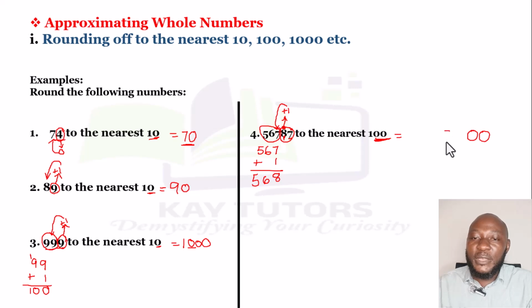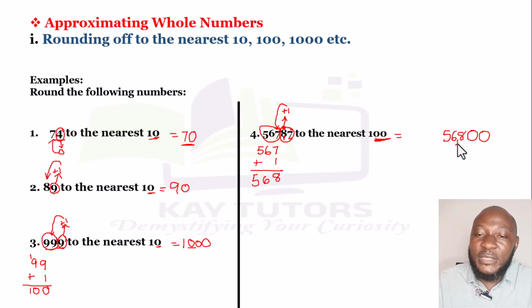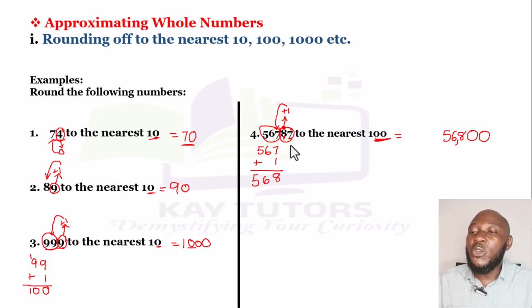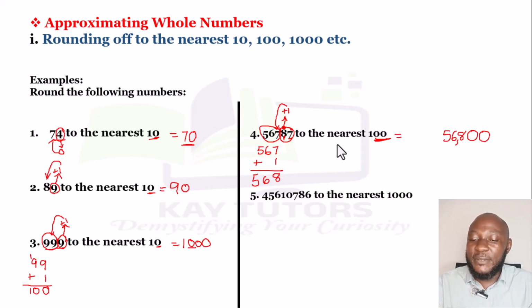My answer is 5, 6, 8. Okay, so this is 56,800, the approximated value of 56,787. And the last number here, we are rounding to the nearest 1,000. Can you try this? Okay, so let's try this and drop our answer in the comment section.